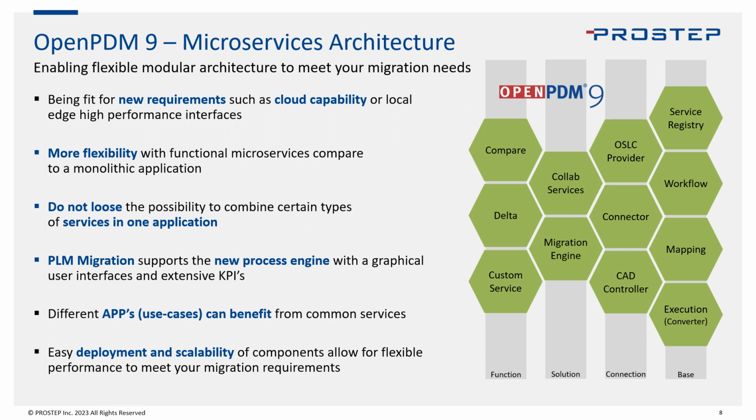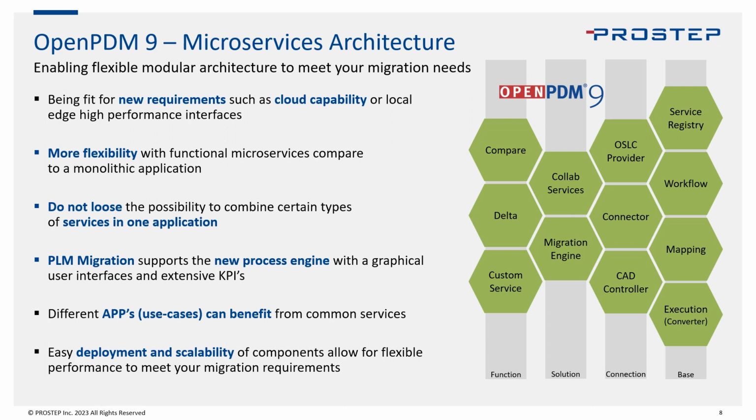So you could take connectors or CAD controllers and put them next to the respective systems, tune those individually, scale them up, and so you can deploy multiple connectors rapidly for parallelization. And then really push the boundaries of performance for export and import scenarios.